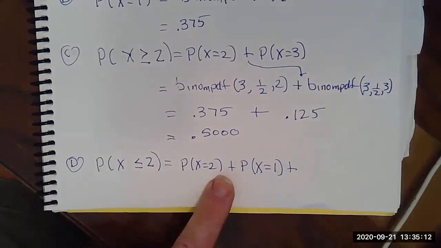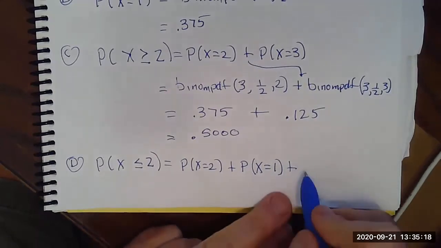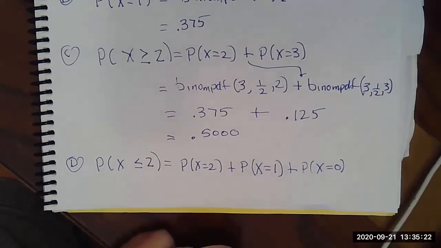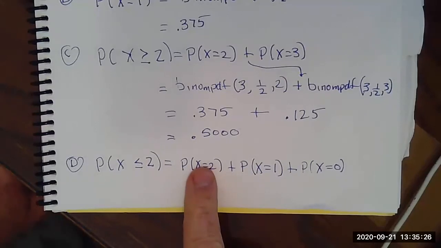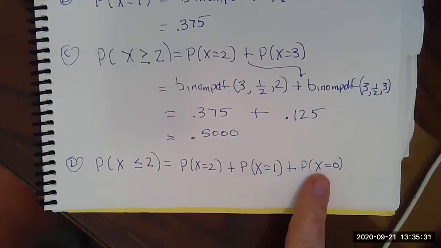And one more, because you tend to forget this, 0. That means no heads, 0. So this one will require you to do it 3 times. Binomial PDF, binomial PDF, binomial PDF, and then add them all together.